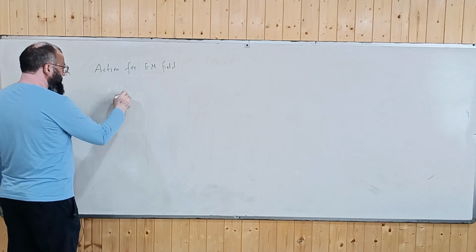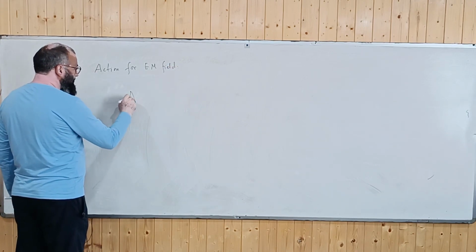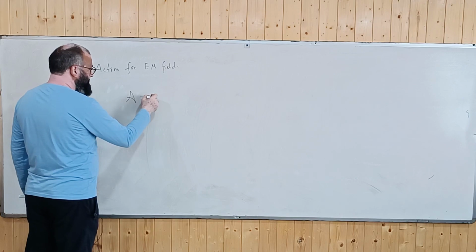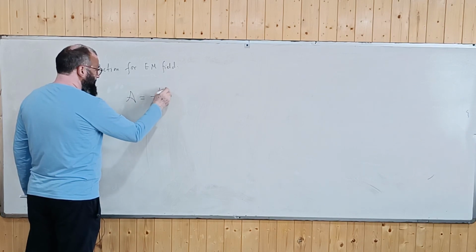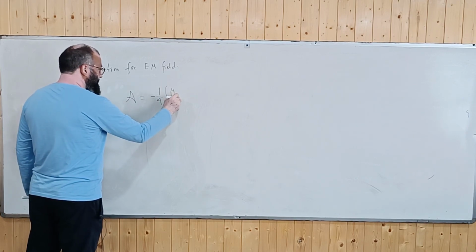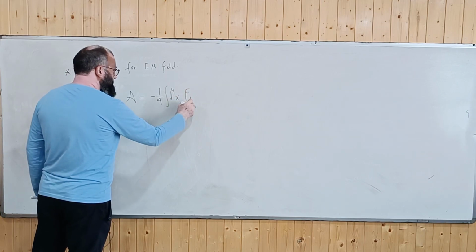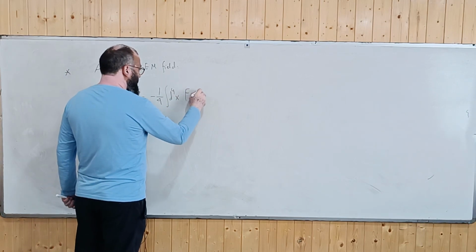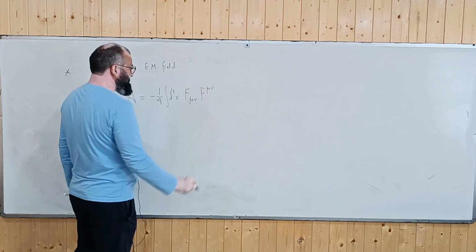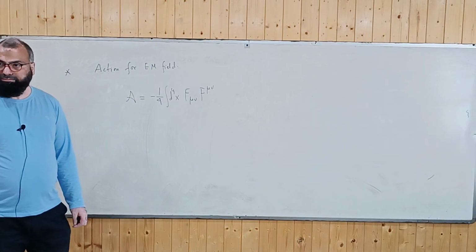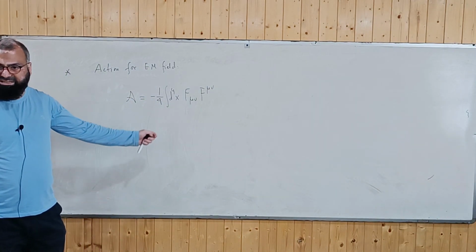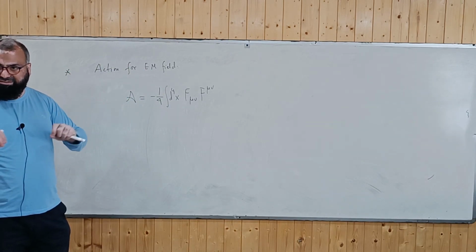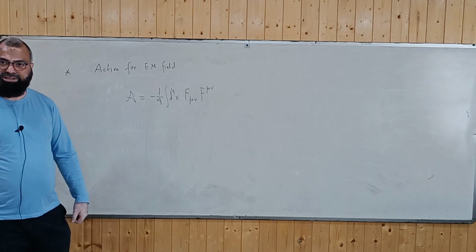Okay? So what is that? So let's write A. So it's something -1/4 integral d4 of x. Then you are having this F mu nu. Clear? So this is the free field. I am not considering the interaction with the matter, so that we can put later on.